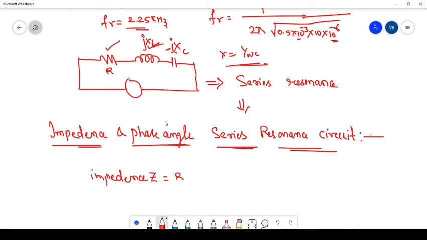So the total impedance is R plus jXL minus jXC. j is common for both, so Z equals R plus j times (XL minus XC). This is the total impedance of the circuit.